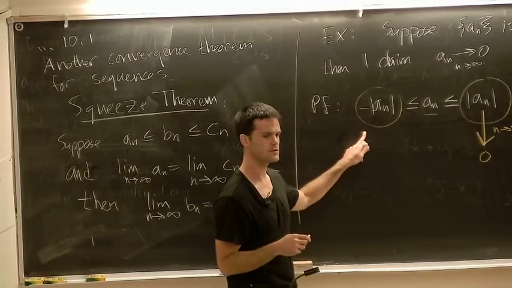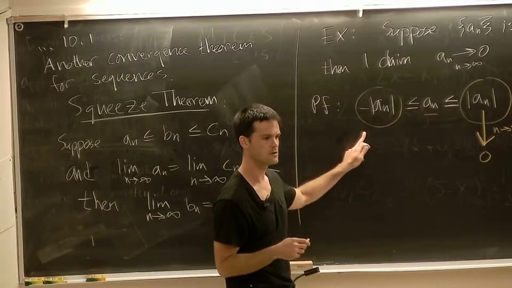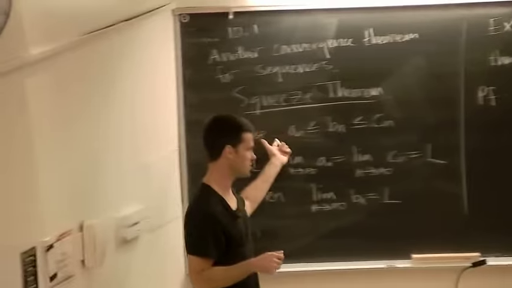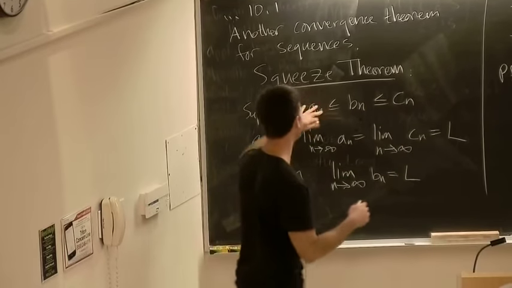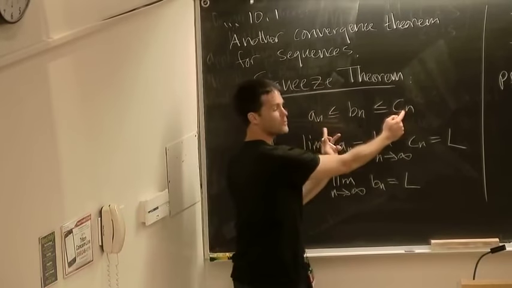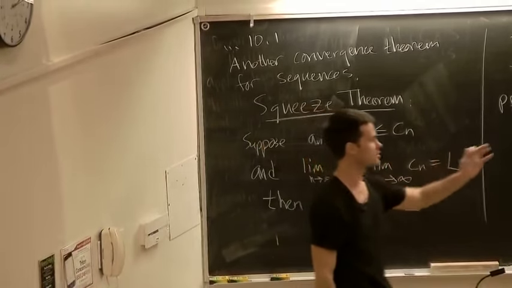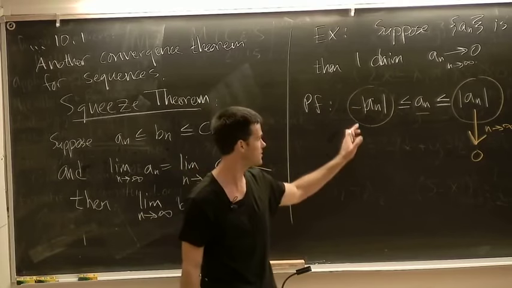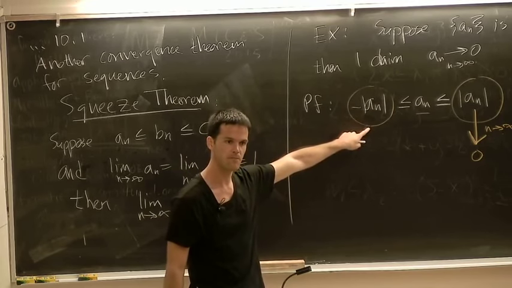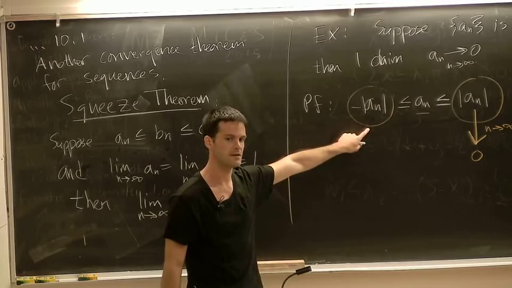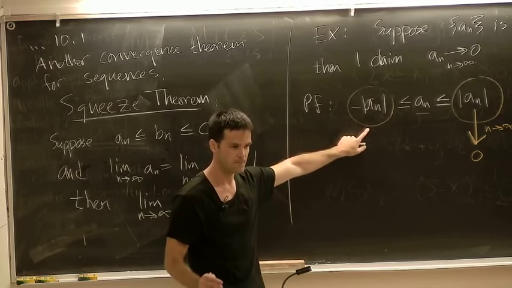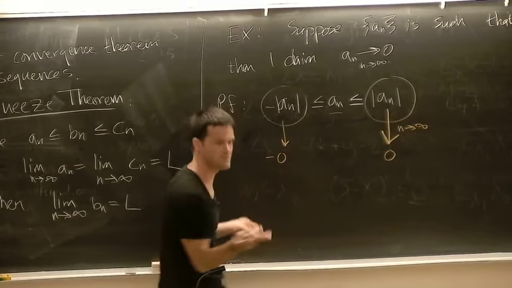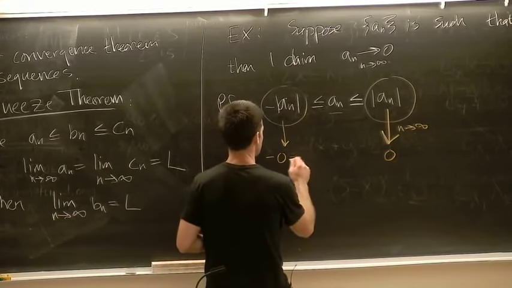Does this one go to 0? Well, it better if I want to be able to apply the squeeze theorem. You can only apply the squeeze theorem when both of the outer two go to the same number. So this one better go to 0, and it will. And how do we know that this goes to 0? That's actually a limit property that we learned. Technically this goes to the negative of 0, but the negative of 0 is the same as 0.